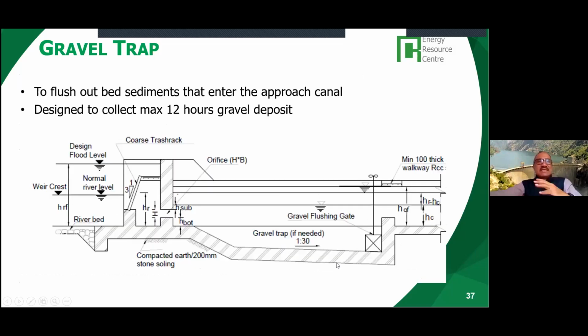So basically this is the basic conceptual design of the gravel trap. This gravel trap is designed to collect not more than 12 hours of deposit. Normally during the wet season, when the sediment load is high, the operation of the gravel trap, the flushing, will be more frequent, but during the dry season the requirement will be less.